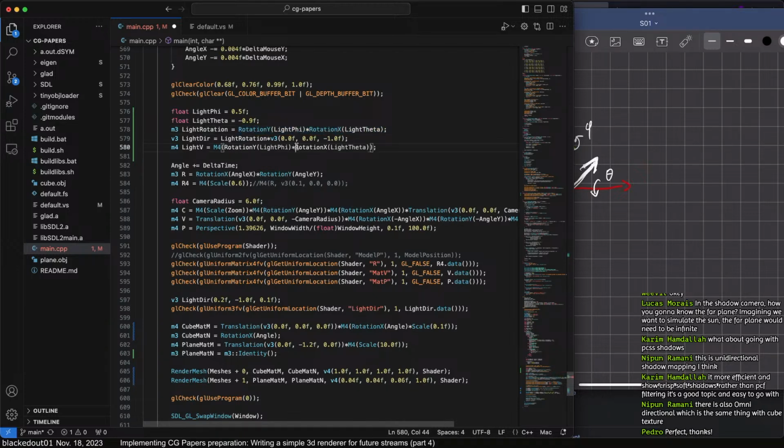So basically swapping these arguments and inverting the angles. So that's basically the view matrix. And the next part would be to make a projection matrix.